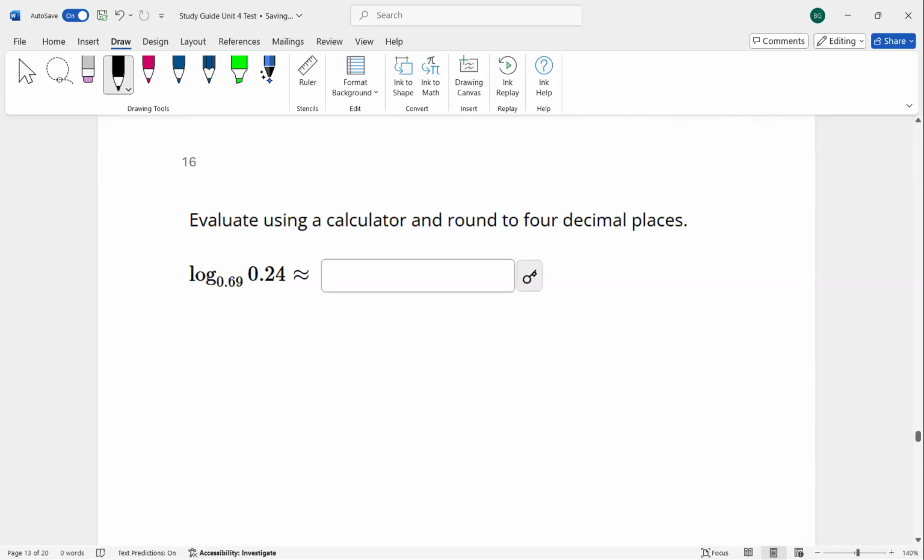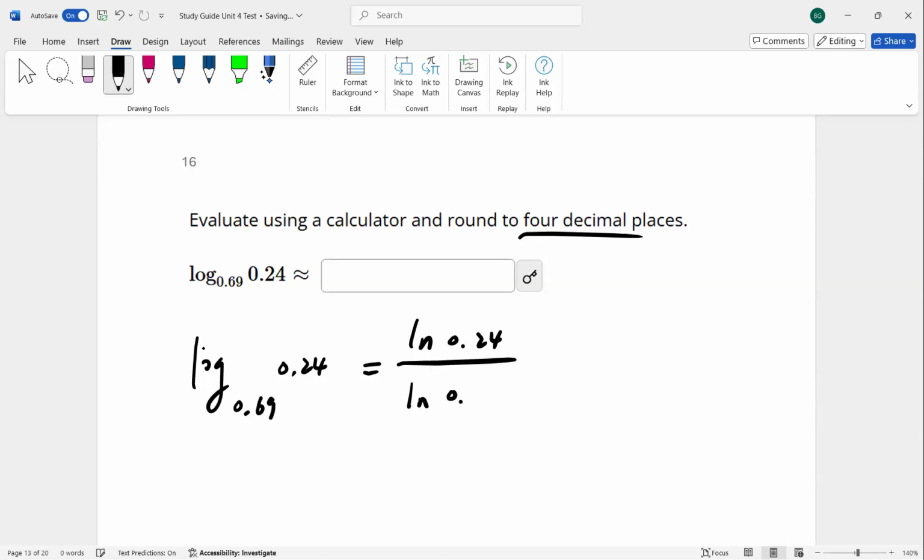Next, question 16. Evaluate using a calculator and round to 4 decimal places. This is about using the change of base formula, okay? What we're going to do is write the log expression with base 0.69 and argument 0.24 as ln 0.24 over ln 0.69.